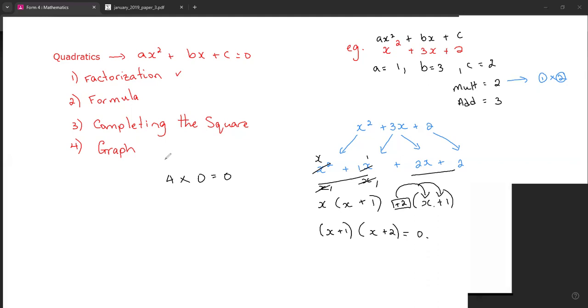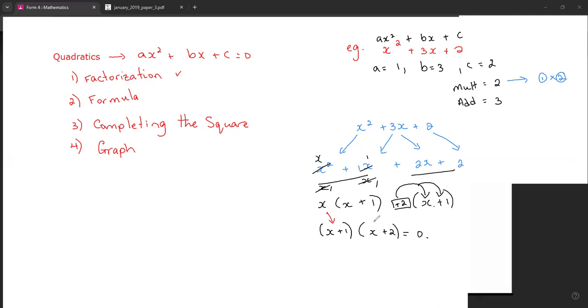So that means either this number is 0 or this number is 0. So what this simply means is that if the product of these is equal to 0, it means, therefore, that either this is equal to 0 or this is equal to 0.